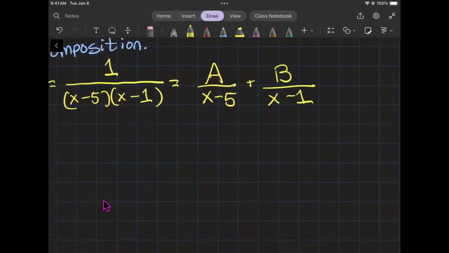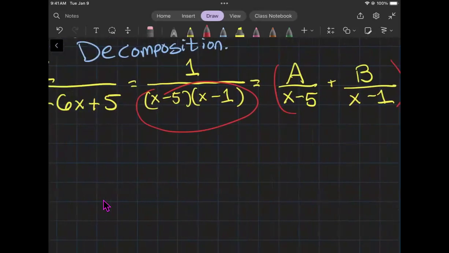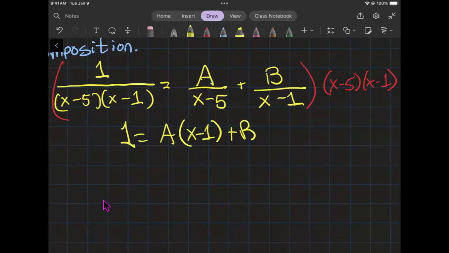Then you want to multiply both sides by the product of the denominators, right? So we will multiply both sides by that quantity. So 1 is equal to A times x minus 1 plus B times x minus 5. Okay.